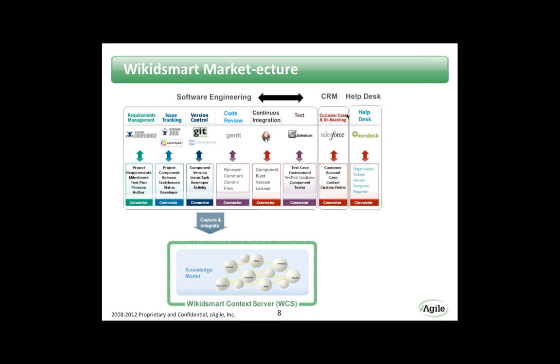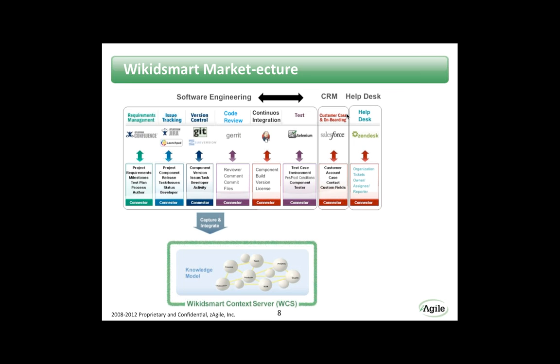So here's what's happening. You've got the knowledge model down below, and that's within what we call the Wikidsmart context server. You can think of it as a middleware, okay? And what's happening is you see that arrow between the Wikidsmart context server and the stuff up at top. It says capture and integrate. So what it's doing is importing the contextually relevant information or attributes of these different applications and tools.